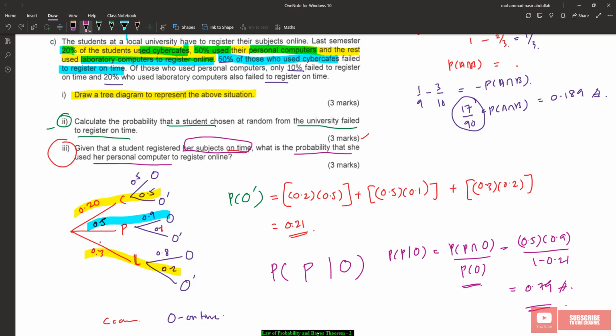Betul ke? No, sir, 0.79 is for 1 minus 0.21. Oh, yang atas tu. Alright. So 0.5 multiplied with 0.9 divided by 1 minus 0.21 should be equal to 0.57.